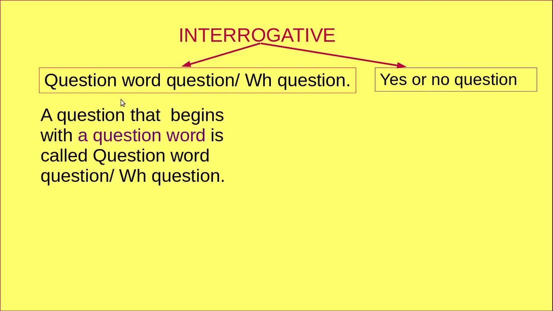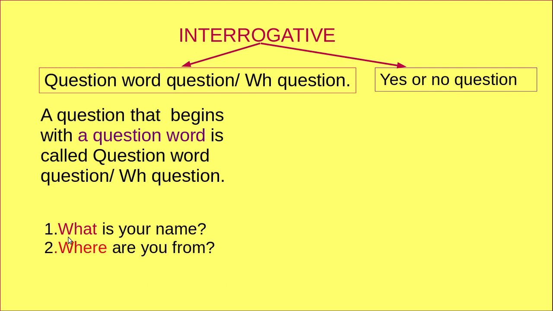Now, what's a question word question? A question that begins with a question word is called a question word question or WH question. Examples: What's your name? What, that's a question word. Where, that's a question word. Where are you from?